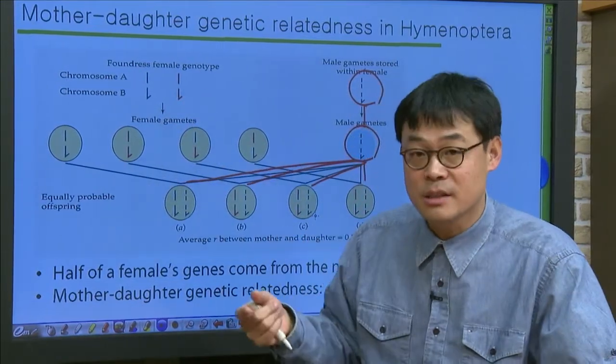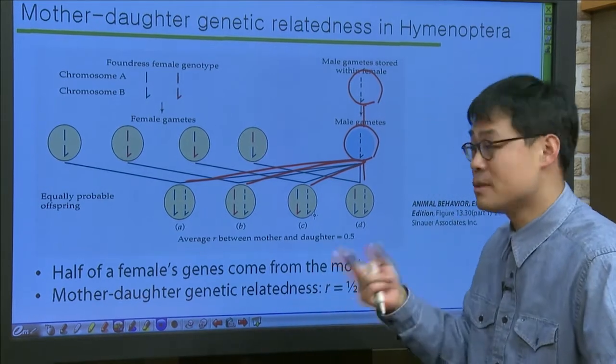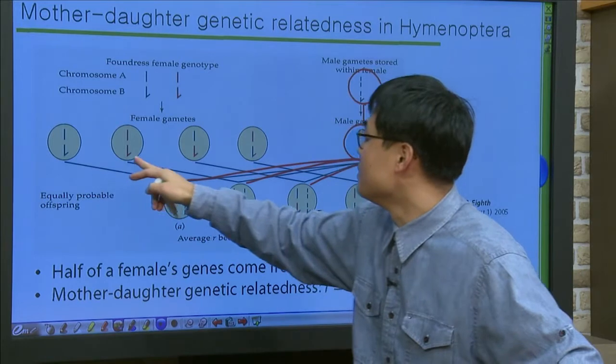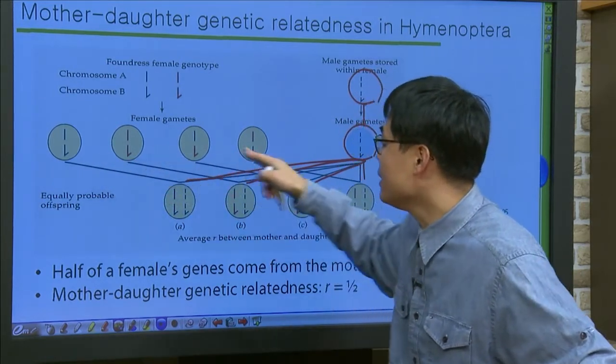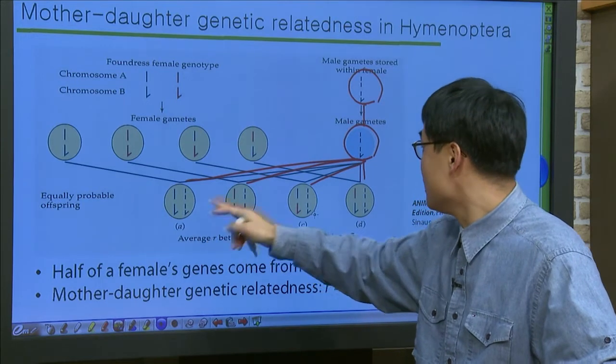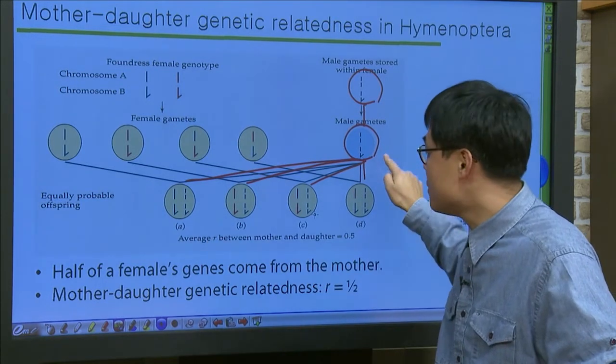It's called meiosis, and you can just look at a general biology book, okay? Then you have 4 different combinations, and each one of them now becomes haploid. Haploid can unite with the one set of the male chromosome.